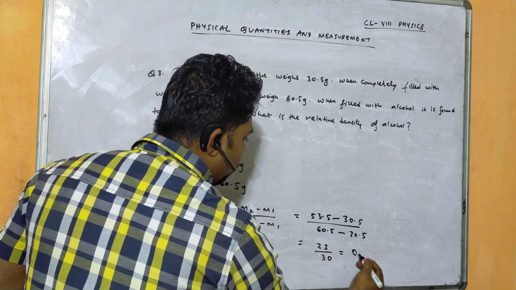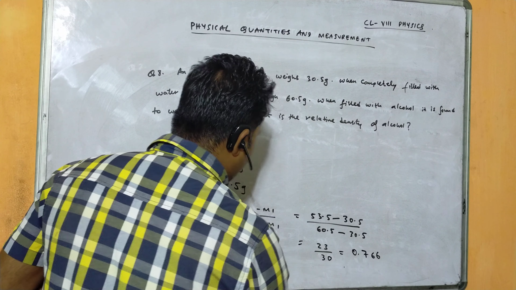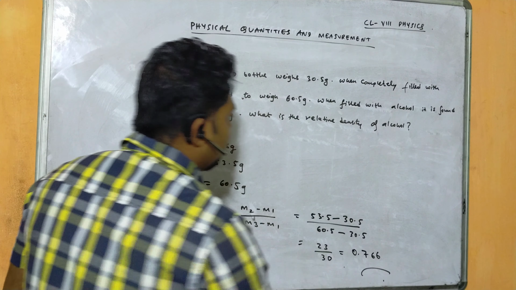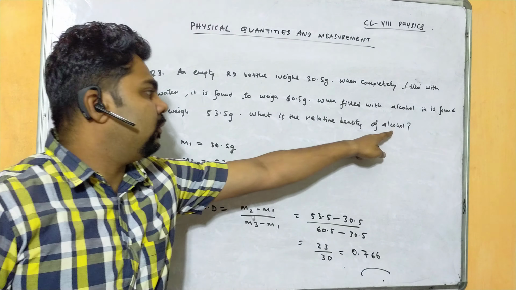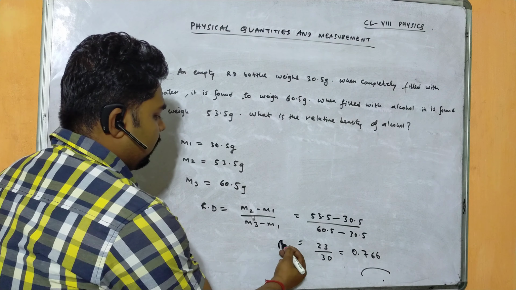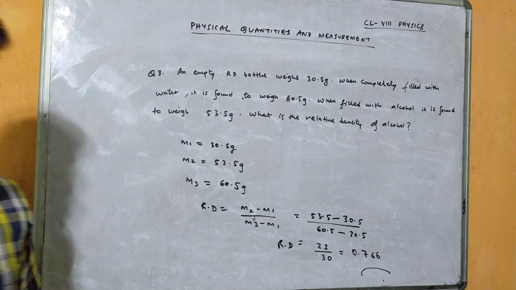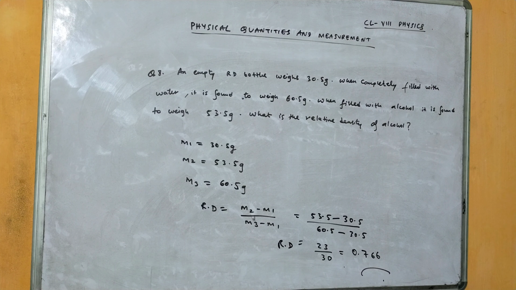When you divide this, we get 0.766. Okay, so this is the answer. The relative density of alcohol is 0.766. First we have to determine which one is M1, M2 and M3. After getting them, we put them in the formula M2 minus M1 by M3 minus M1.